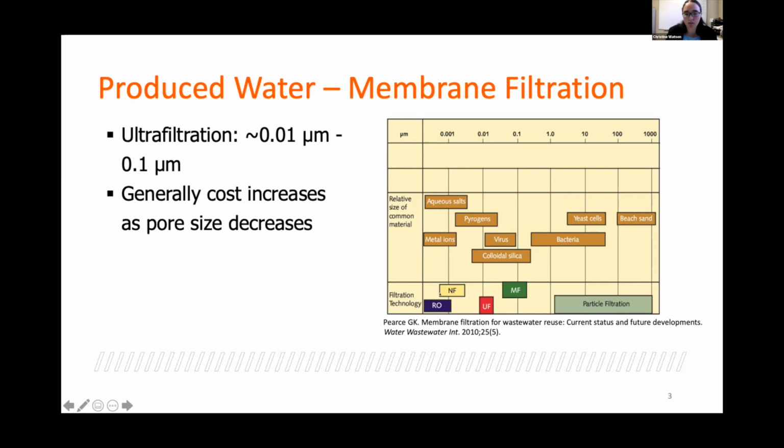In order to have reverse osmosis filtration of wastewater, you do have to first run your water through microfiltration or ultrafiltration to remove large particles. For our project, we're looking at ultrafiltration, which is between 0.01 microns and 0.1 microns, so right in here.